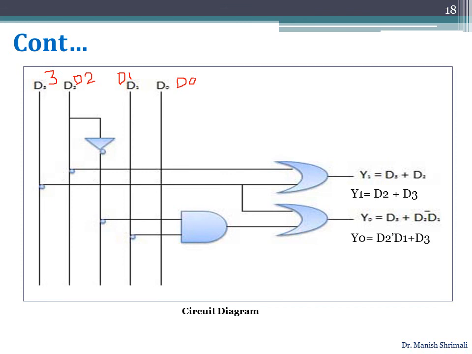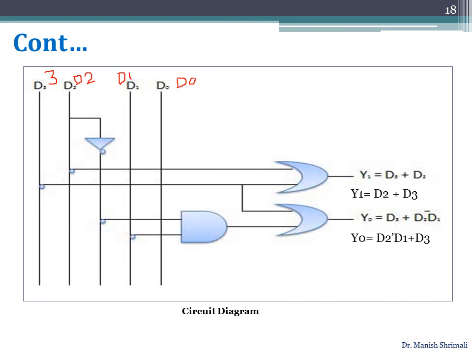Let me write over here. This is D0, this is D1, this is D2, and this is D3.